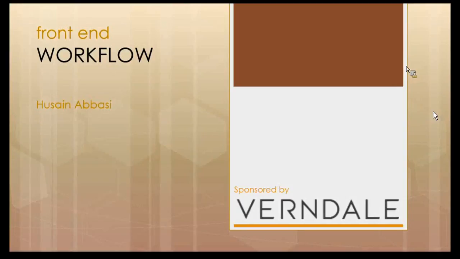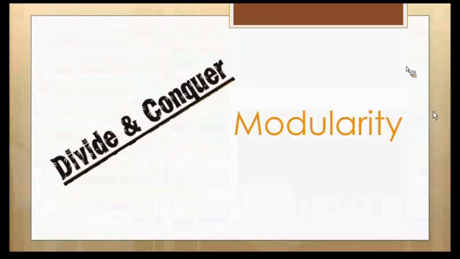Because when we are collaborating, when we are in a team, we need to have a modular approach. There may be multiple front end people. We have a versioning system, so we don't want to overstep on each other's toes. So what do we do? We write modular code. We split our code into multiple parts, and again we split those parts into multiple parts.